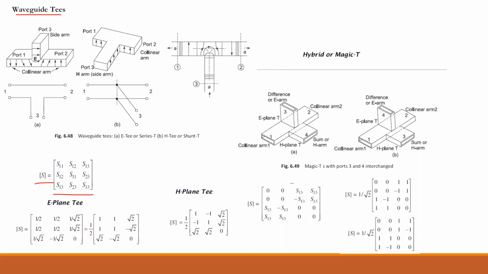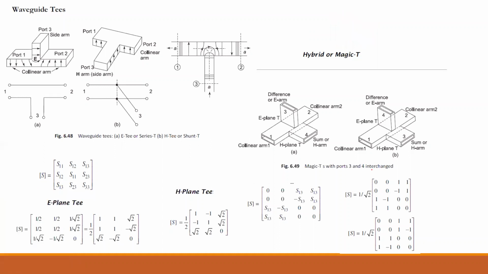Now, they are basically used to connect a branch or a section of the waveguide, either in series or in parallel. In a transmission line circuit, how do you connect? You take wires and connect them. But when you go with waveguides, it is not possible to use wires to get the connection.